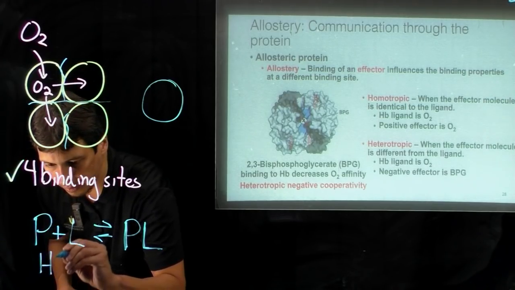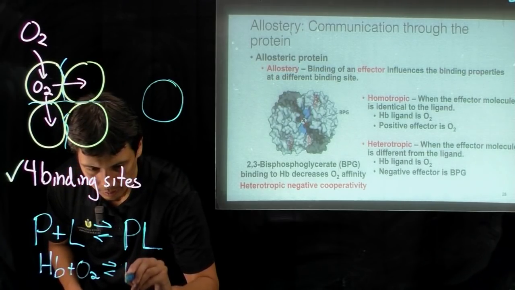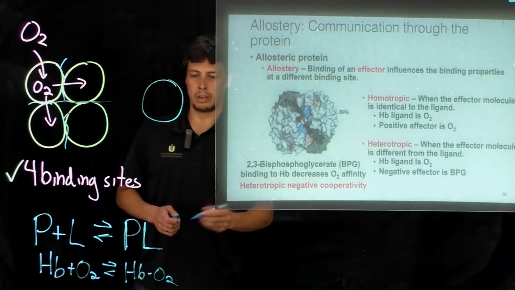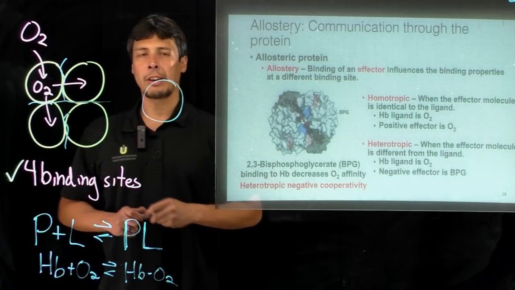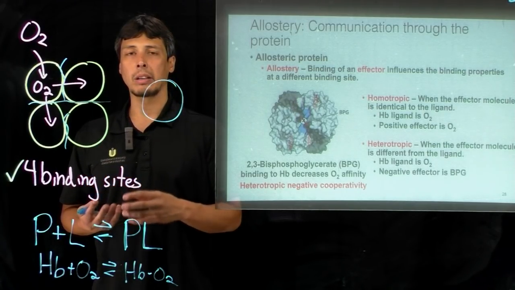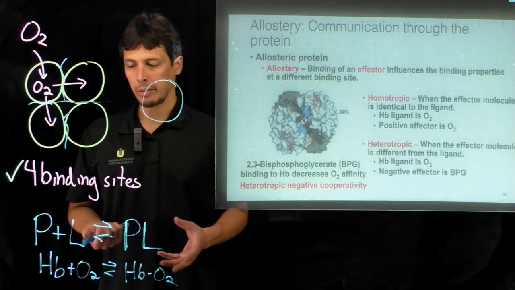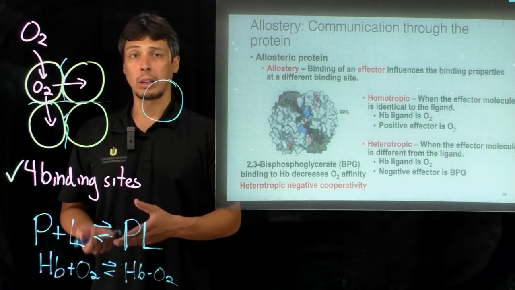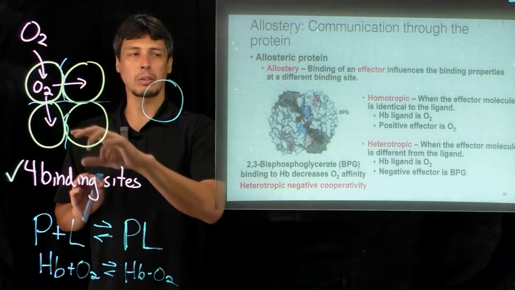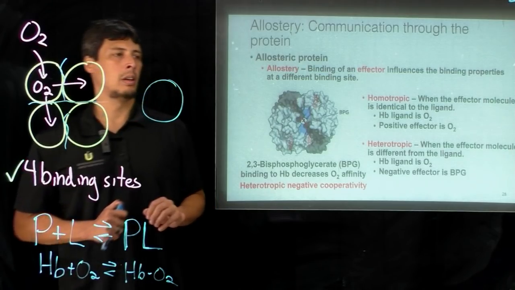So we go hemoglobin plus O2. All right. So the effector molecule, that is the molecule that causes the change in binding, so the molecule that induces cooperativity, is the same as the ligand. In this case, O2 is both the ligand of hemoglobin and also changes the affinity for O2 at other sites. So O2 in this case is a homotropic effector molecule.